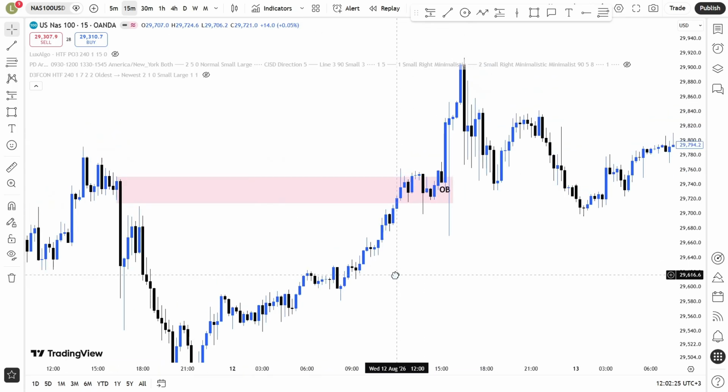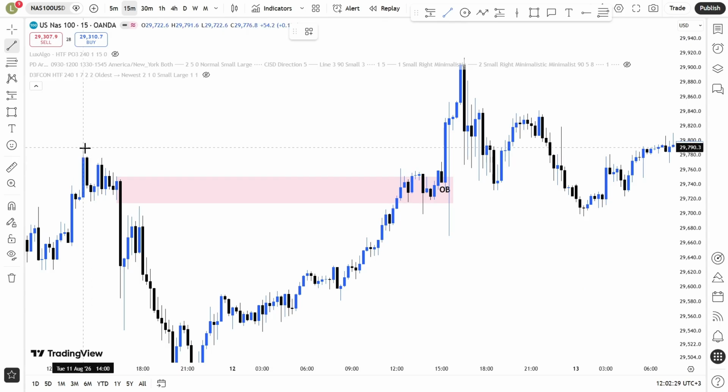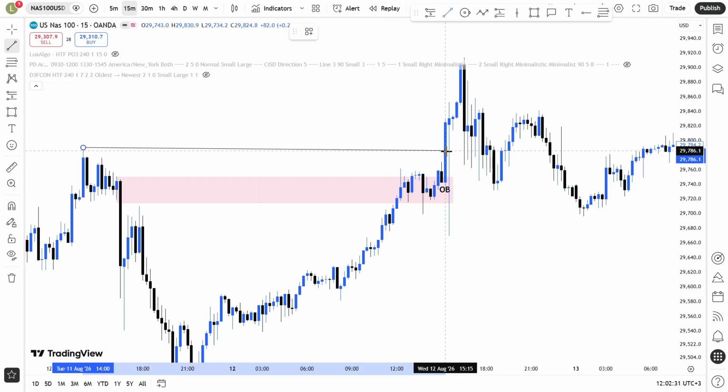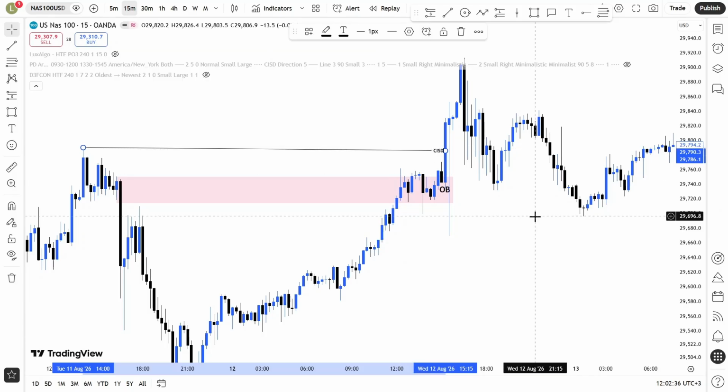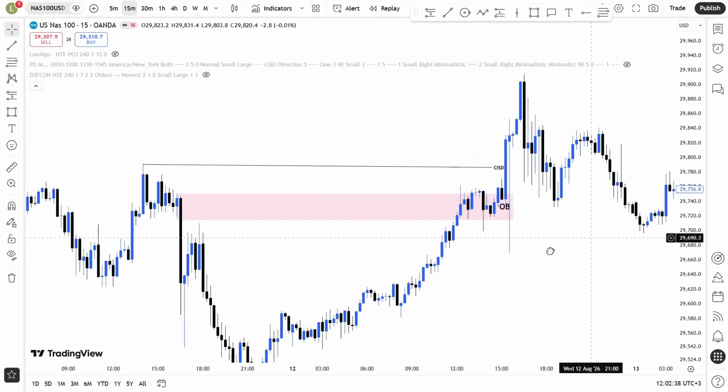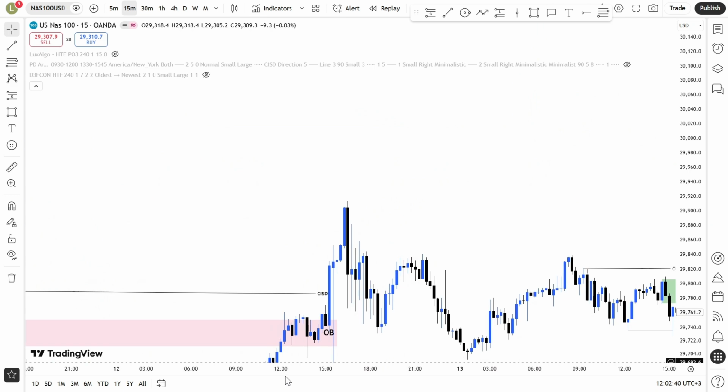It goes through it, creating this break of market structure here, or change in state of delivery. We see this change in state of delivery at this point, from bearish momentum to bullish momentum.